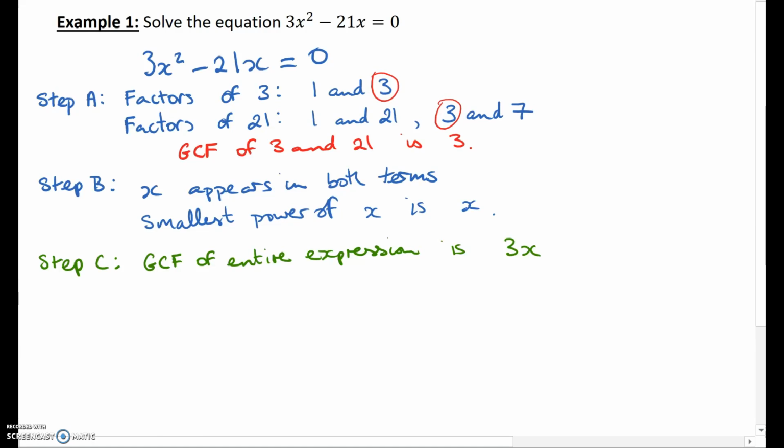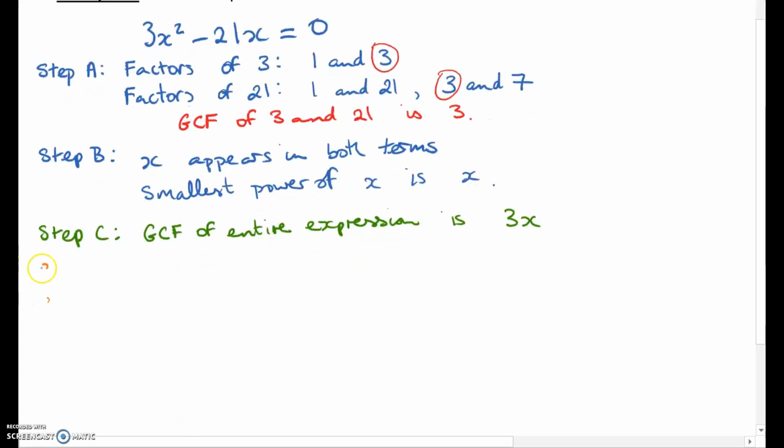In step D, we divide each of the original terms, 3x squared and minus 21x, by what we got in step C, which was 3x. So we're going to divide both of those original terms by 3x.